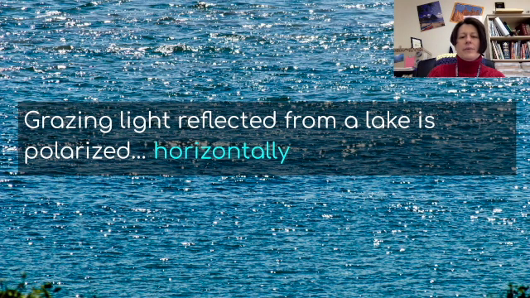Now, grazing light reflected from a lake is polarized horizontally, and even in this picture, I can almost see the glare coming off of this. It's all coming off horizontally. So what you can do is you can wear Polaroid glasses that cut down on glare.